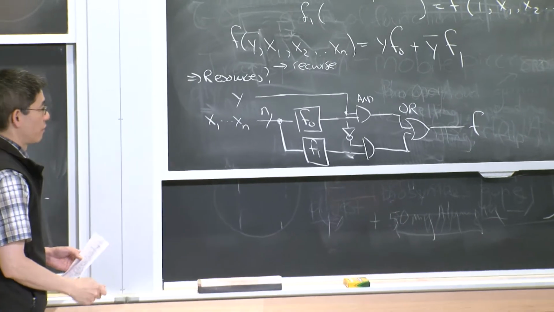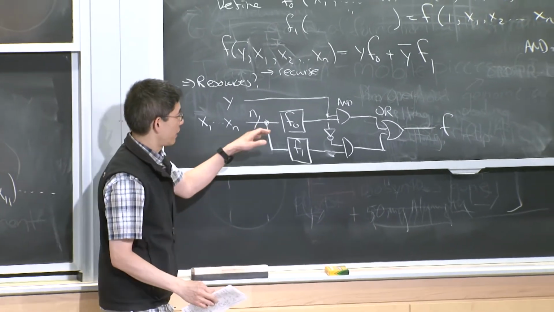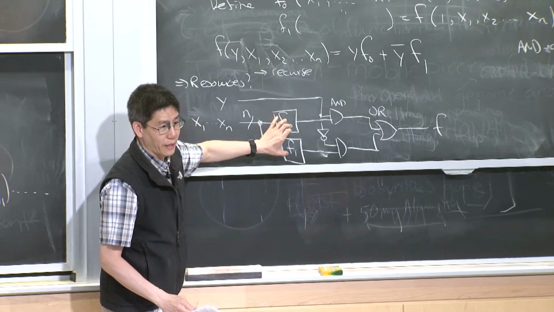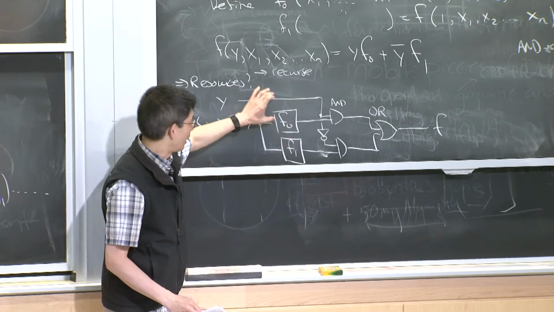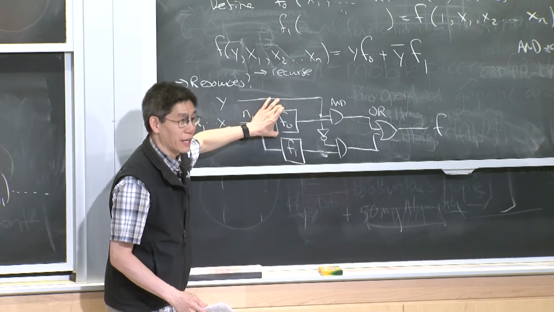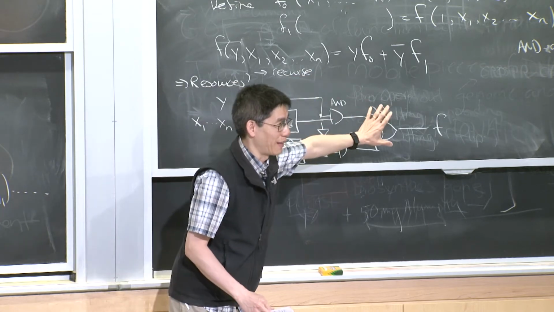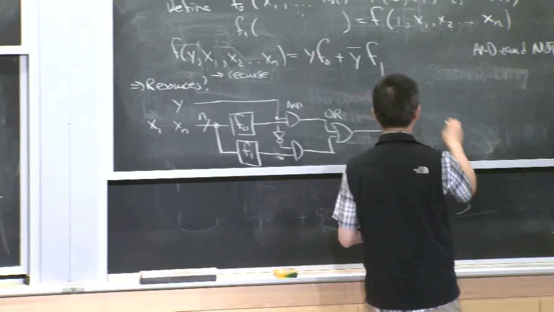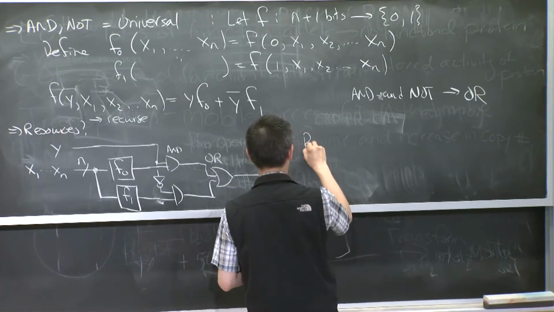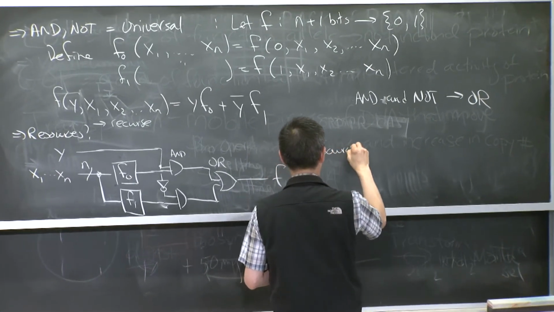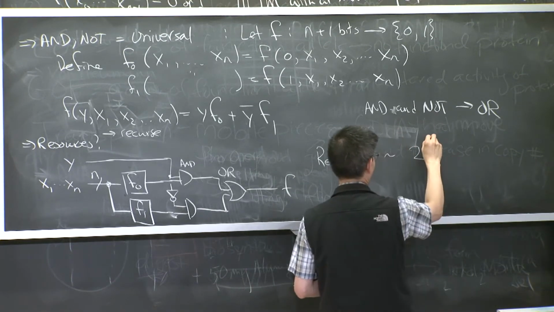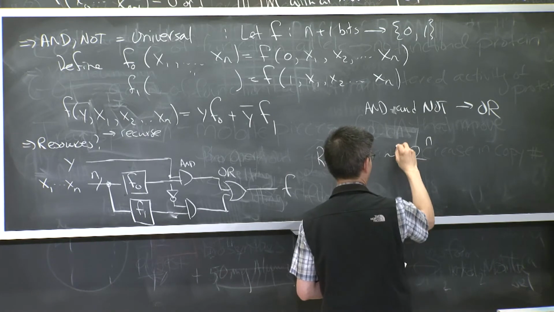OK, so we now see that we need to double the number of function evaluations at each stage. I will recursively simulate f0 with exactly this same pattern and just keep on going. So you can see that the amount of complexity, the resources needed, grow exponentially, at least as 2 to the number of bits used in the system.